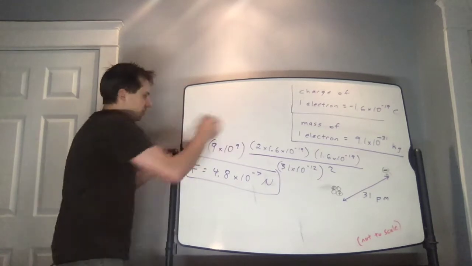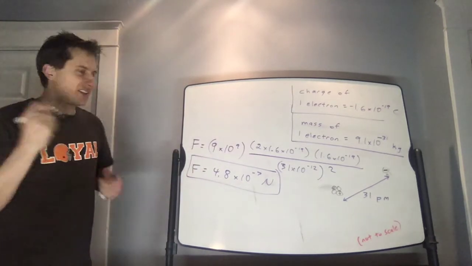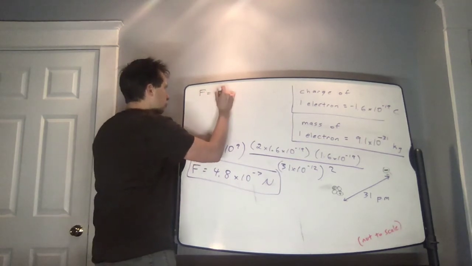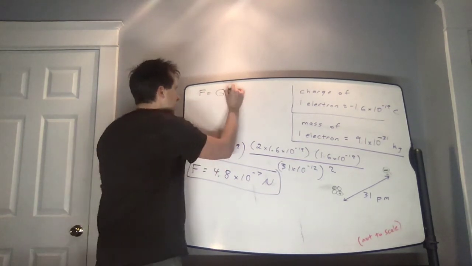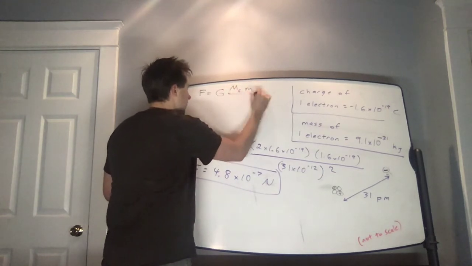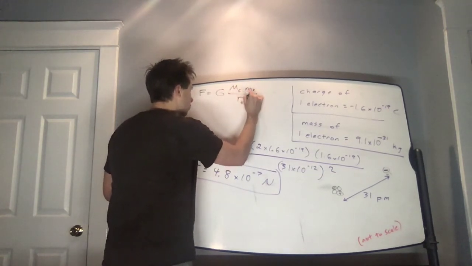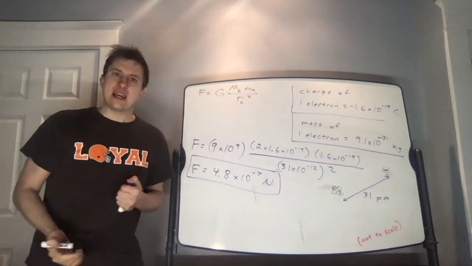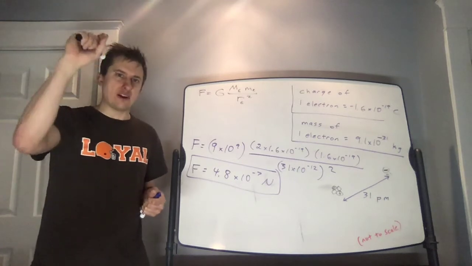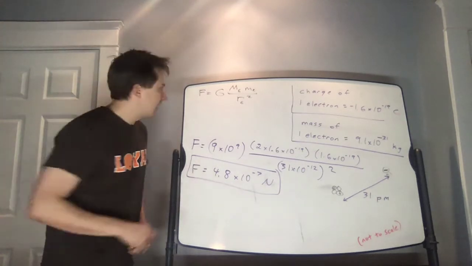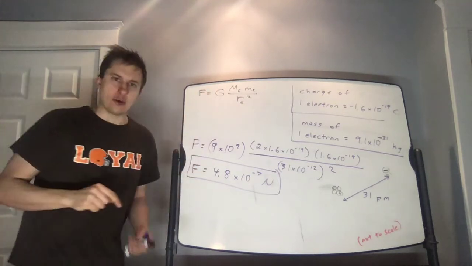There are two ways we could think about this problem. We could say the force of gravity on an electron near the surface of the Earth will be gravitational constant times the mass of the Earth times the mass of an electron divided by the radius of the Earth squared. We're assuming the electron is near the surface of the Earth, so the distance from the electron to the center of the Earth, because the Earth is approximately a sphere, is going to be the same as the radius of the Earth.